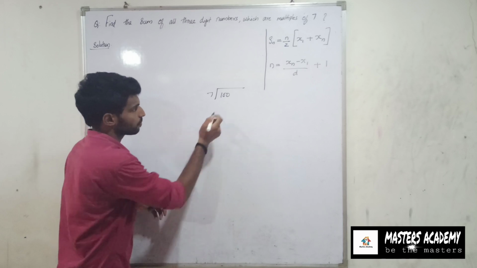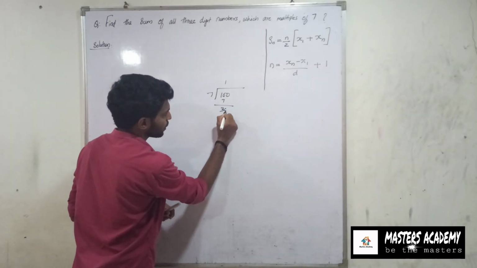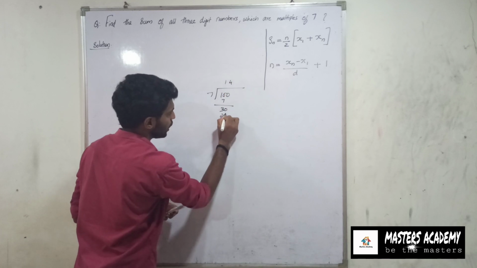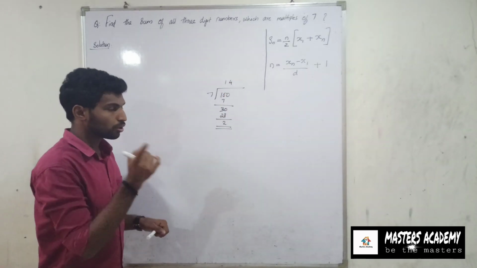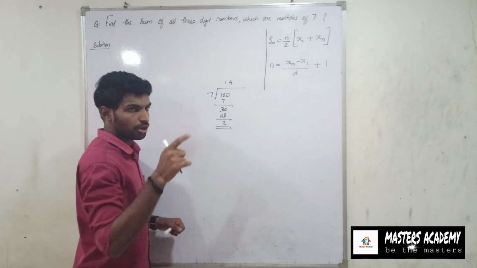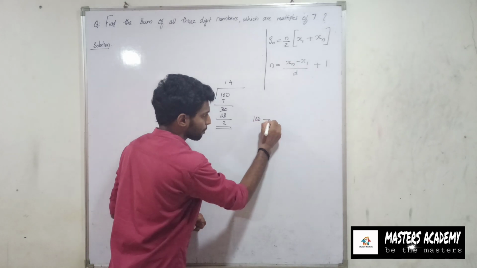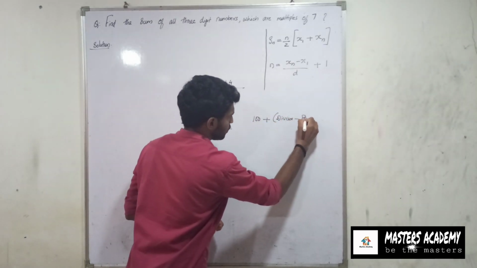Now listen here. 100 divided by 7: 1 times 7, balance is 3, 30, 4 times 28, remainder is 2. We got remainder 2. So in order to find the first 3-digit number which is a multiple of 7, what we have to do is 100 plus divisor minus remainder.